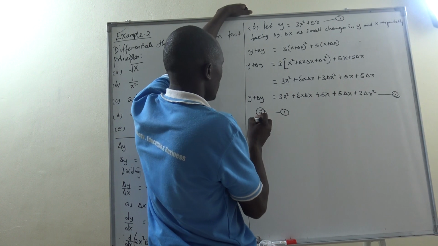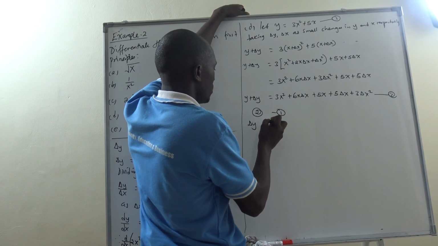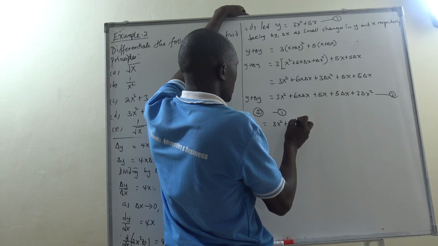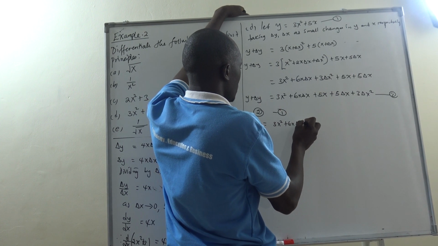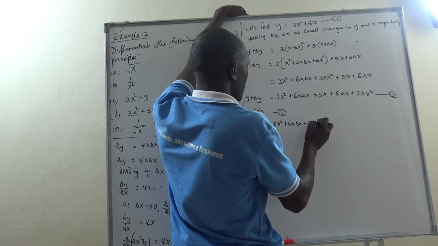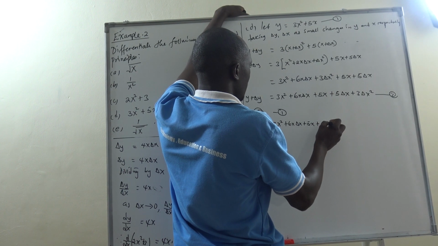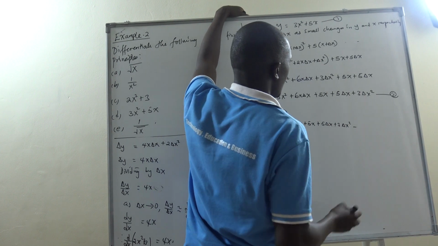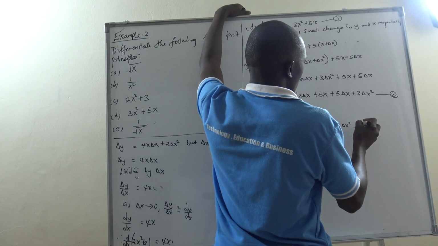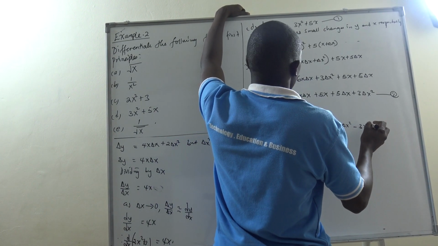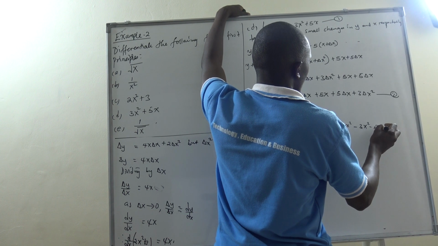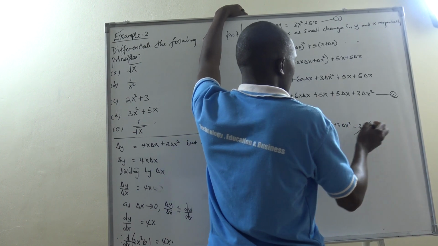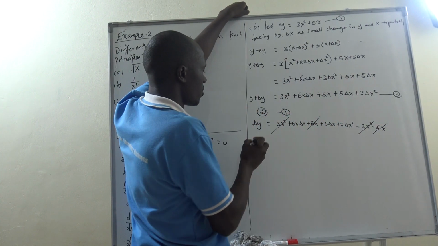We are remaining with delta y, which is equal to 3x squared plus 6x delta x plus 5x plus 5 delta x plus 3 delta x squared minus, the first one is 3x squared minus 5x. So 3x squared and 3x squared goes, 5x and 5x still goes.